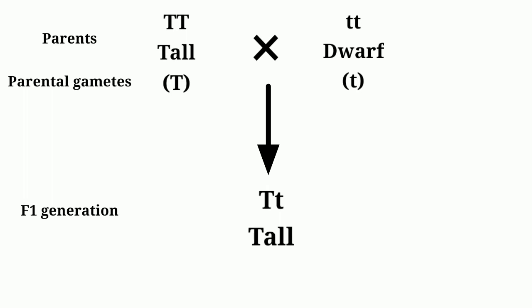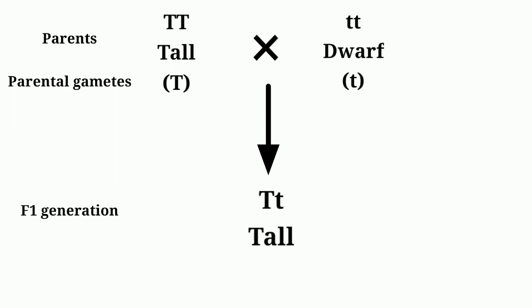Now this zygote is heterozygous in condition. It is heterozygous, but it has shown the phenotype to be tall. Why tall? Because the capital T is present there. So wherever we find capital T, we have to consider it as the dominant character.